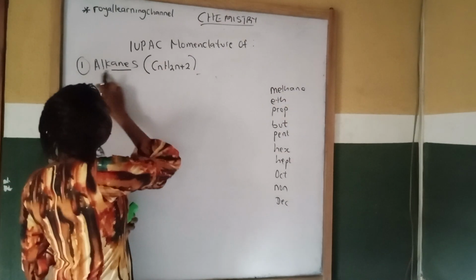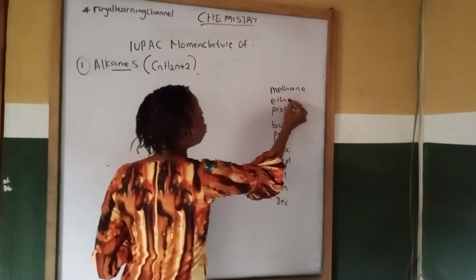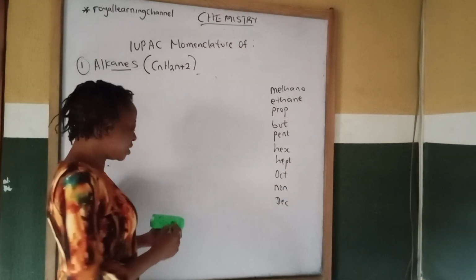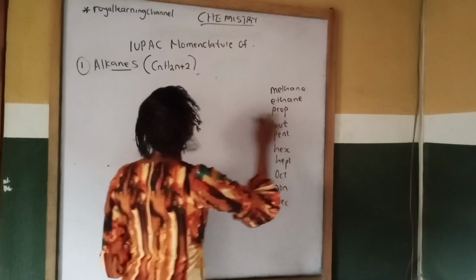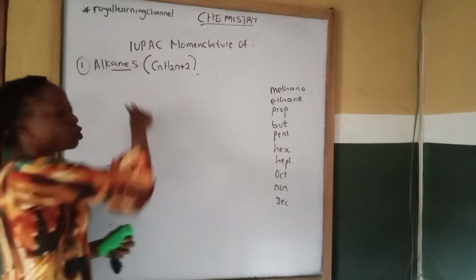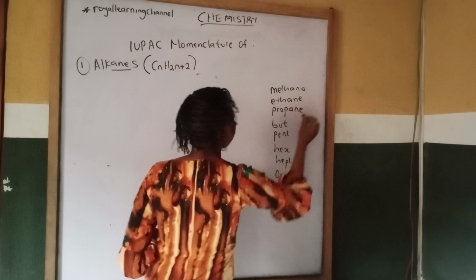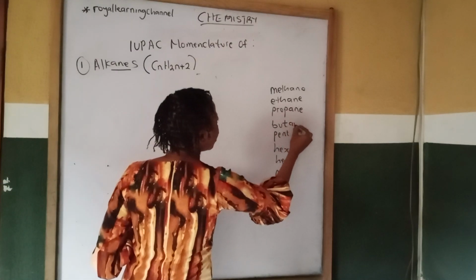Then the second member, you add ane to et, it will give you ethane. Then the third member, prop, you add ane to give you propane. Then the fourth member, add ane, will give you butane.